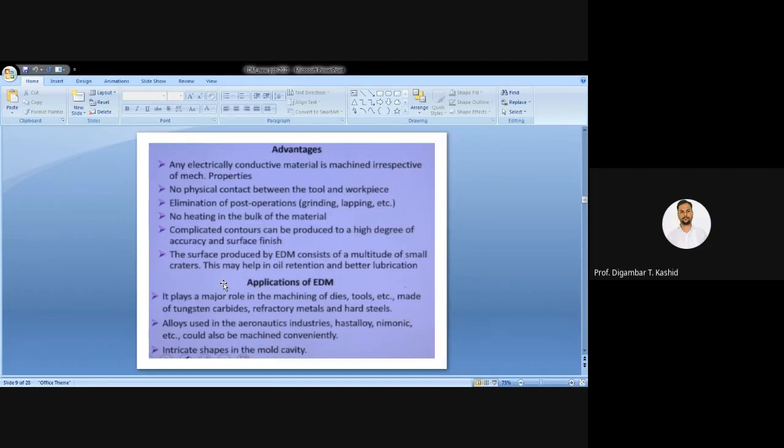So the EDM process plays a major role in the machining of dies and tools, made of tungsten carbide, refractory metals, and hard steels. Hardened steels are used for that purpose.